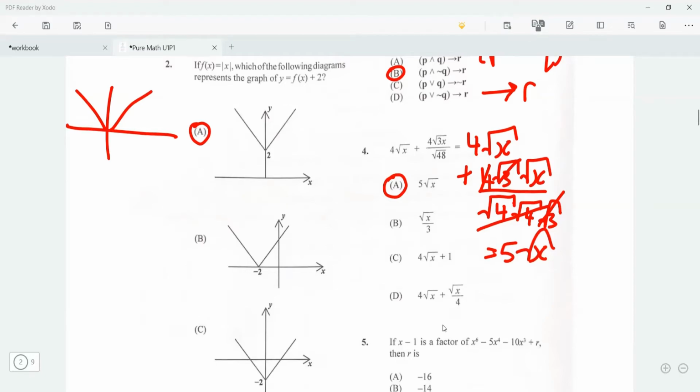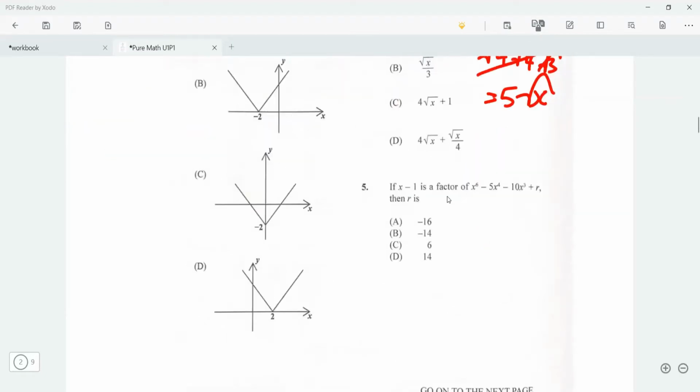The next part says if x minus 1 is a factor, then what is R? In order to find what is R, all you need to do is put in 1 into this function. So we just need to find f of 1 and equate f of 1 to 0.